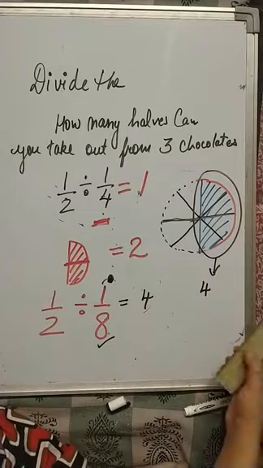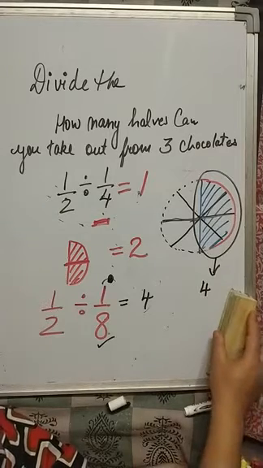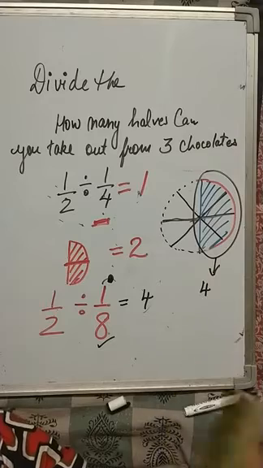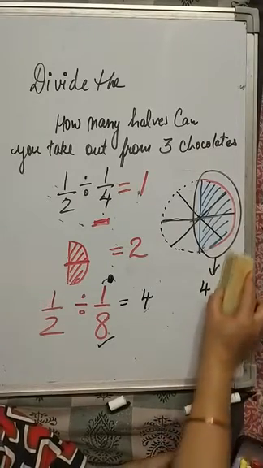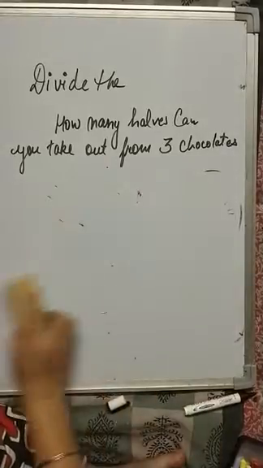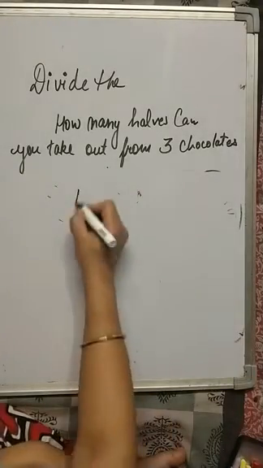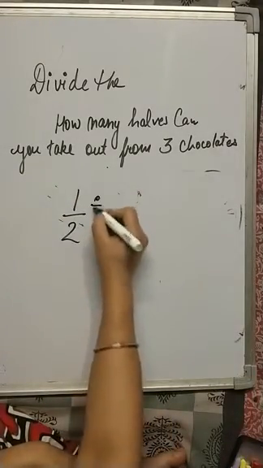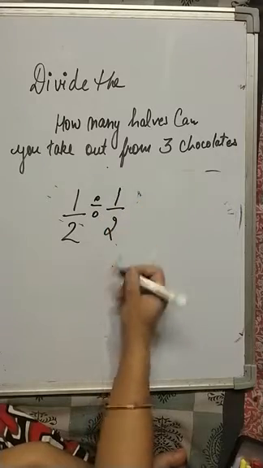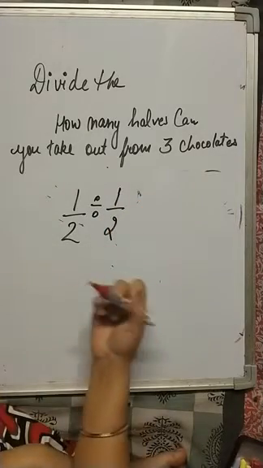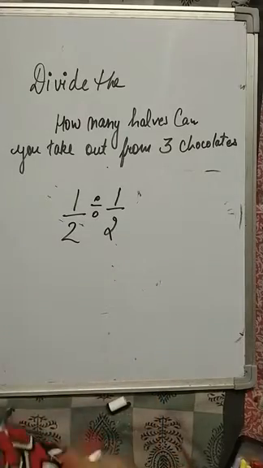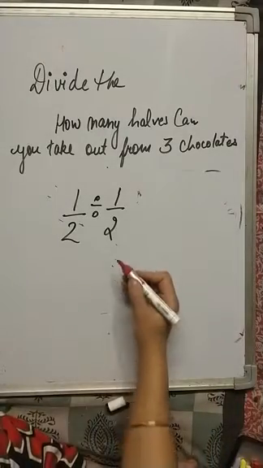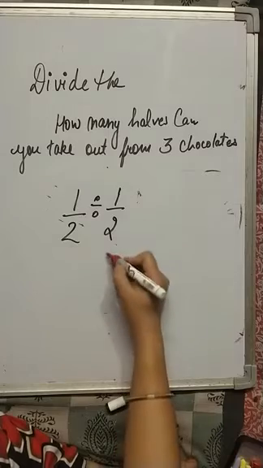Now it looks very difficult, but when you draw the diagrams, it makes your work easy. Just, what else can we do? How many halves can we take out from half? So the rule is, we have made a rule just to get rid of the diagrams, but diagrams are more important than the rule.